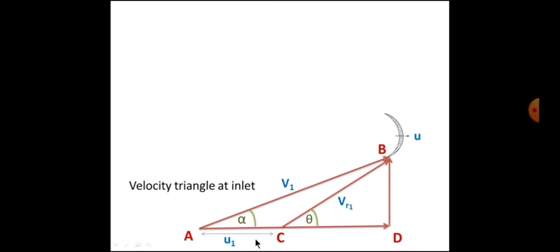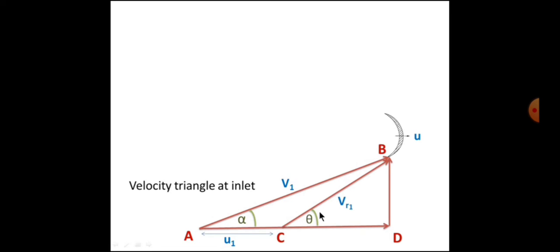Now v1 minus u1 gives the relative velocity vr1, represented by segment BC, inclined at an angle theta. This angle theta is the entrance angle of the moving blade. So angle alpha is for nozzles and angle theta is for moving blades.